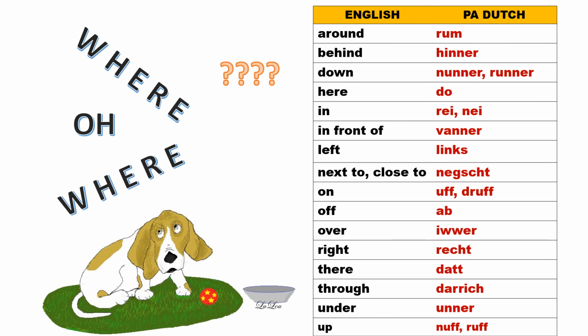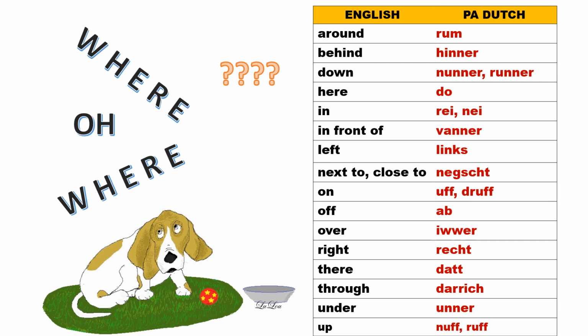Next to or close to, nächst. On, uff or druff. Off, uff. That one I didn't give to you before, but I thought I better add it. And I didn't give over to you before, and that is iwwer. So these are two new ones: off, up, and over, iwwer.